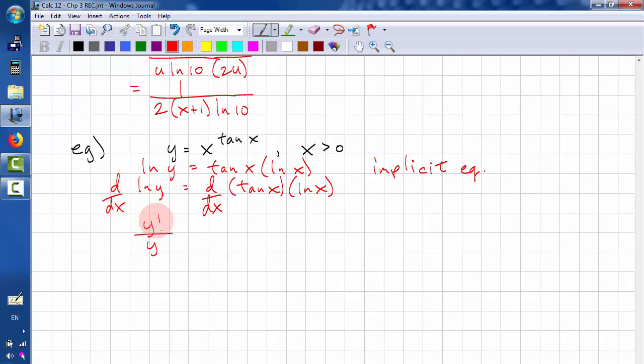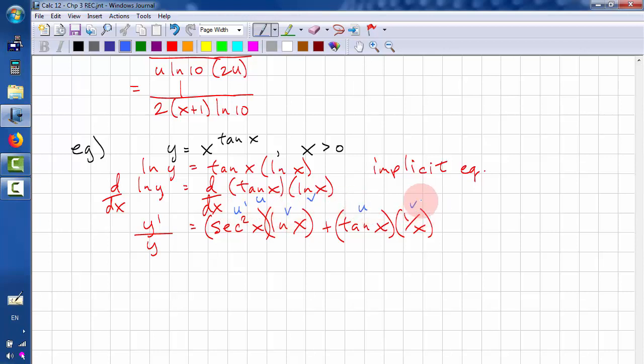We need the chain rule, so that's a y prime. Okay, derivative of tangent x is going to be secant squared x. We need to multiply this by ln x. Now we have tan x, and we need to multiply this by 1 over x, because that's the derivative of this. If you can't remember, we'll have u, v. This is u prime, v, u, v prime.